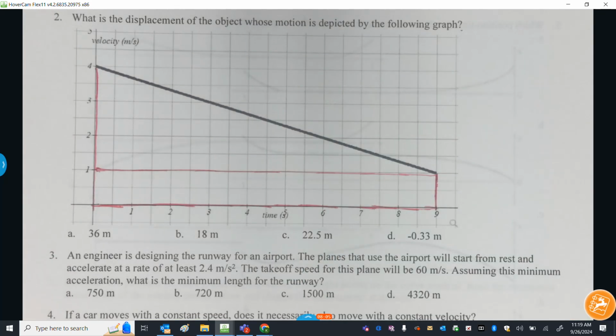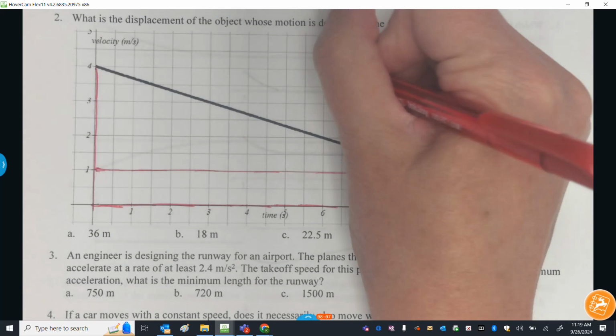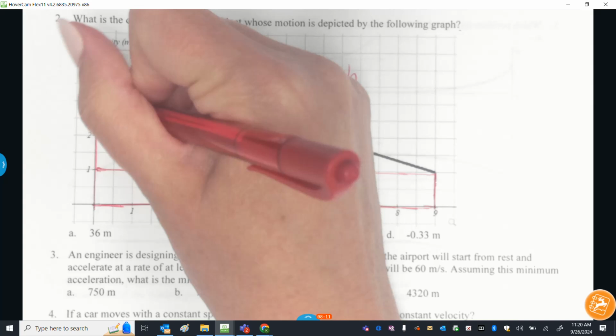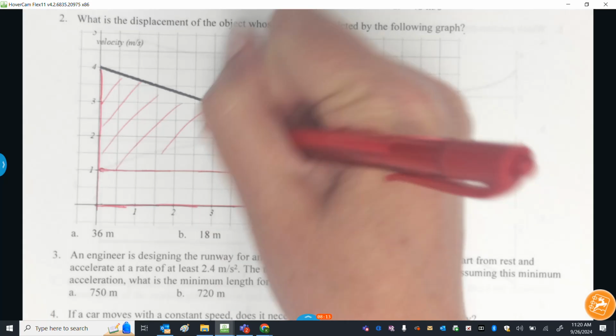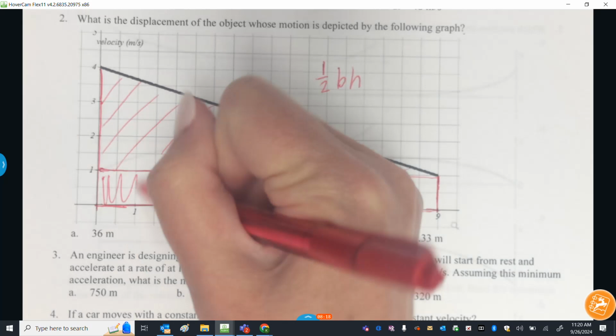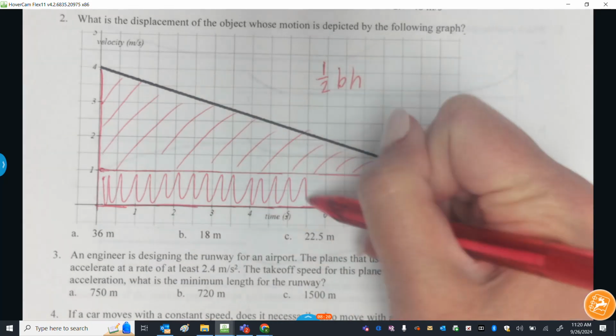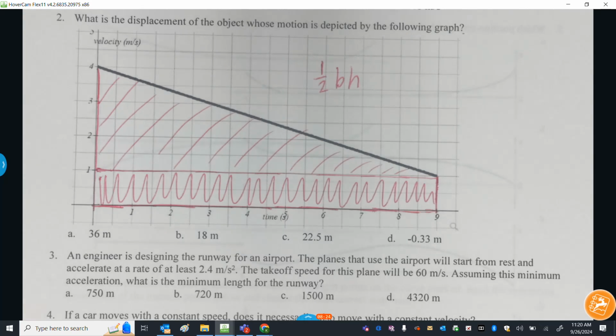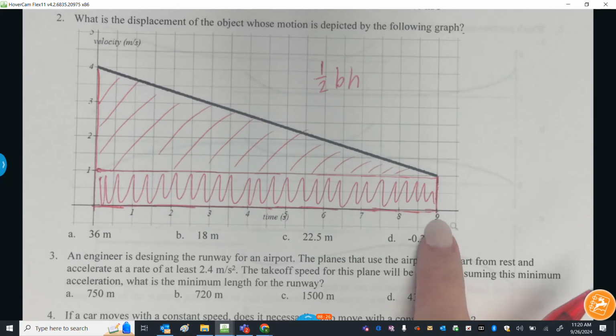Okay, and I know the equation for area of a triangle. It is 1/2 base times height. So let's go ahead and see if we can figure out what the area of this triangle is. Okay, and then we'll find the area of this rectangle, and then we can add them together, and that total area will represent my displacement for this entire 9 seconds.